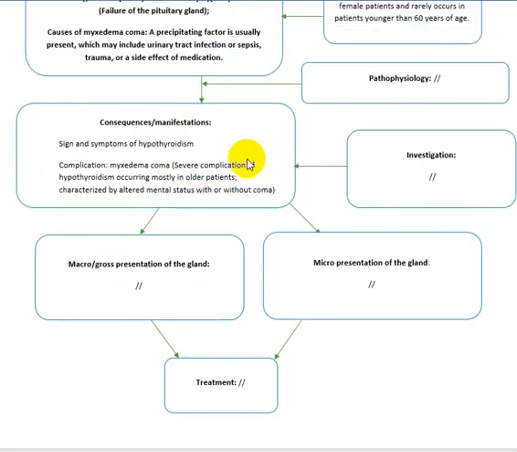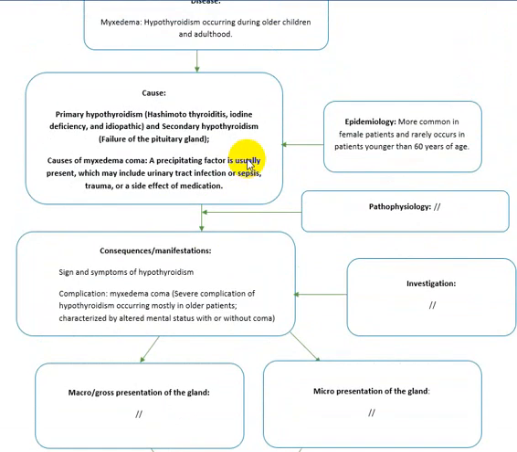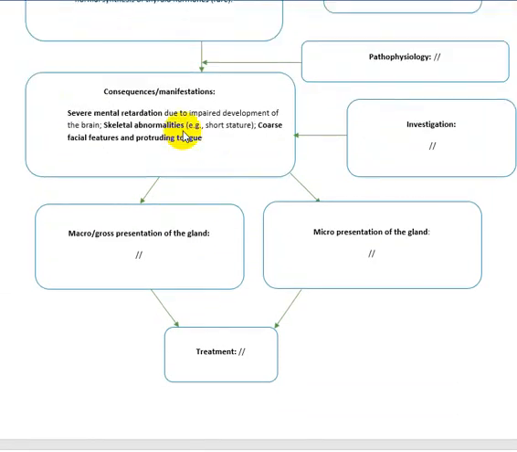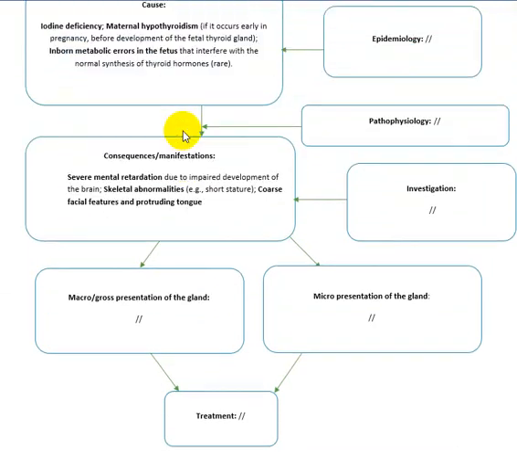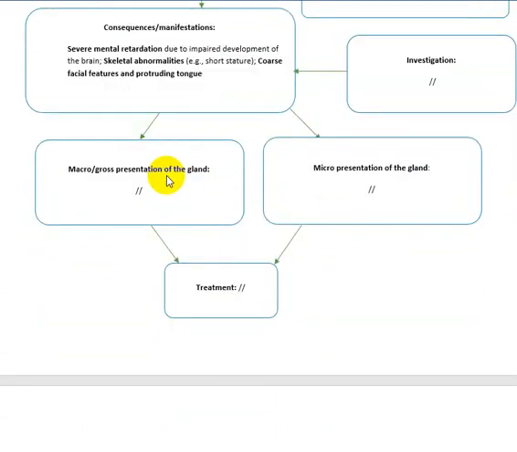So you see that normally when you have cretinism, you have severe mental retardation, skeletal abnormalities, and a third one given here, facial features and a protruding tongue. When you have cretinism, you may or may not have too many signs of hypothyroidism. These are the main signs of cretinism: severe mental retardation, severe skeletal abnormalities, facial features, plus signs of hypothyroidism.